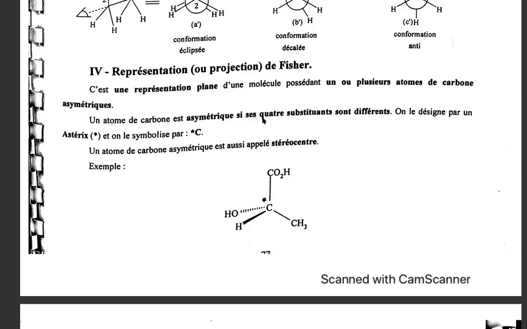Now this is where the Fischer representation comes in. C'est une représentation plane d'une molécule possédant un ou bien plusieurs atomes de carbone asymétrique. We looked at this, isn't it, Mr. Samuel, in biochemistry? Yes, we did. So we just said the difference between la projection de Newman and la projection de Fischer was on the asymmetric carbon.